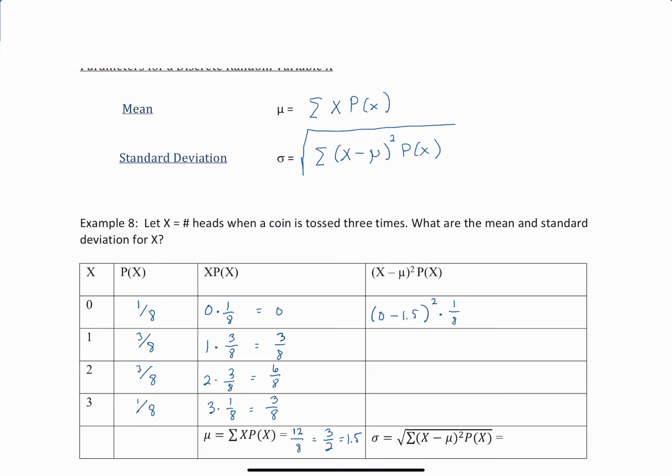So I have 0 minus 1.5 squared times 1/8. Then I'm going to have 1 minus 1.5, square that and multiply by 3/8. 2 minus 1.5, square that, multiply by 3/8. And 3 minus 1.5, square that, multiply by 1/8.